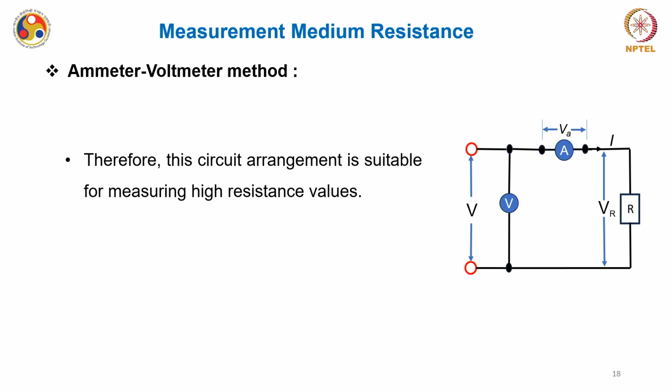Please note that when I am using the term high resistance, I am talking about the higher side of resistance in the medium range only. Let me clarify that we have a range of say 1 ohm to 100 kilo ohm. If I divide this spectrum of resistance, I will have ranges within the medium resistance only, because this is covering a large range of resistance.